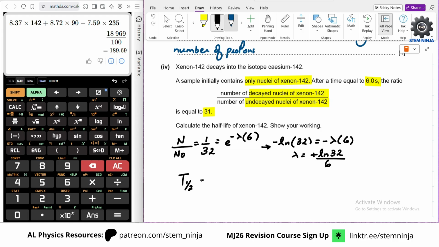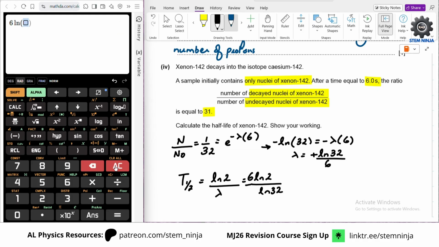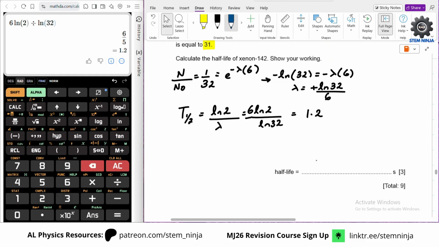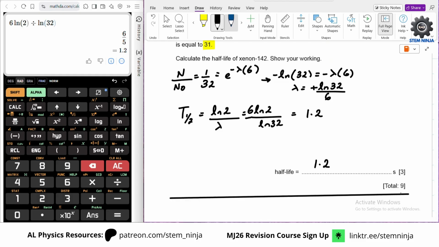Half-life, on the other hand, is just ln 2 over lambda. So 6 ln 2 divided by ln 32 gives 1.2 seconds. Alright, so this is for this question. Let's move on to the next one.